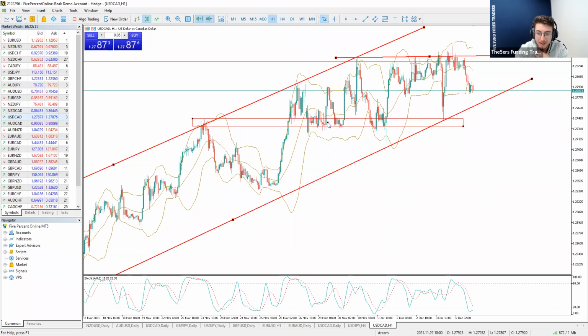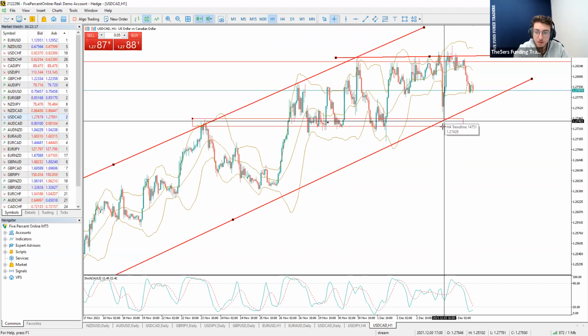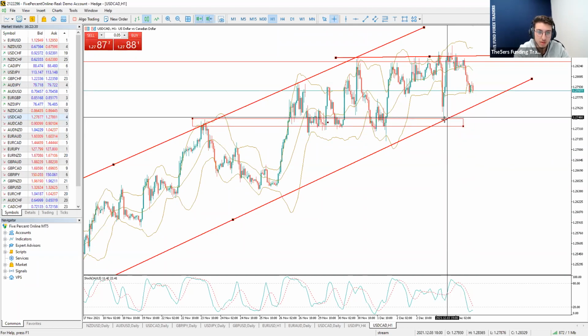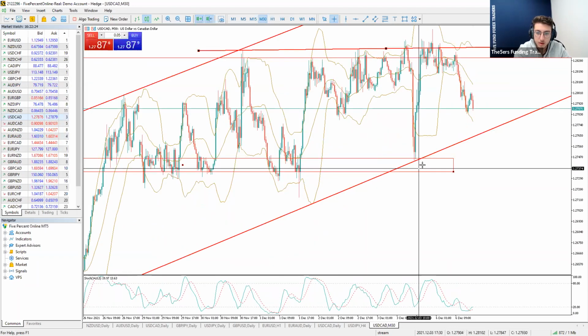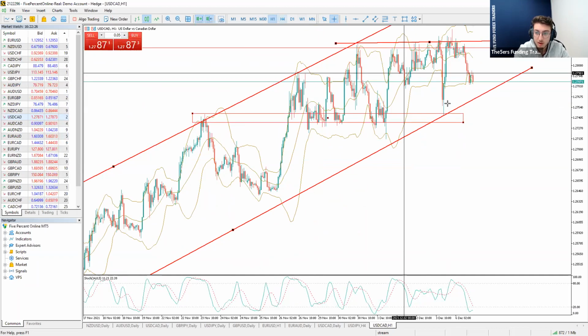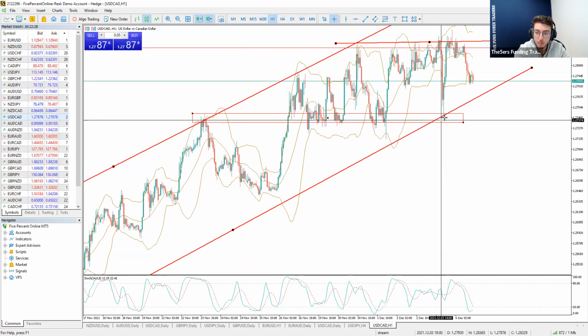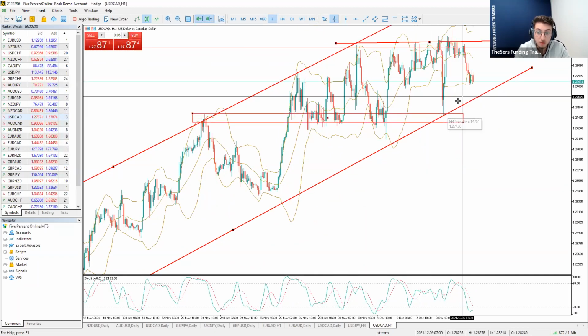Here, you see that tight point. This is a classic key zone and entry point to go long. Even on the M30, for example, and the H1, there is a big indication from me to go long.